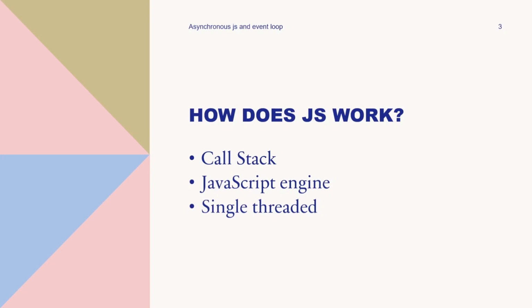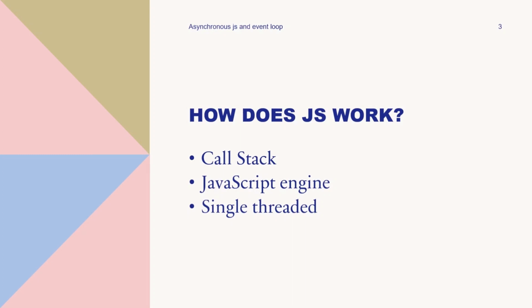In this JavaScript engine there is a stack, and that stack is called the call stack. This is a stack data structure. When we run any piece of code with the JavaScript engine, it is called by the call stack line by line, then executed, which means each task is popped out of the stack.